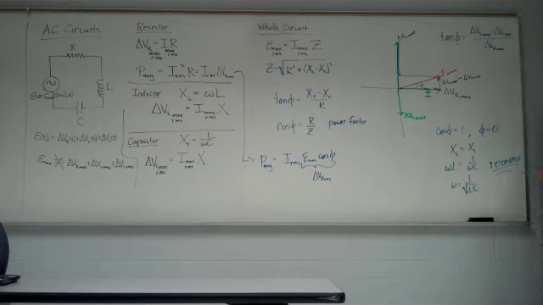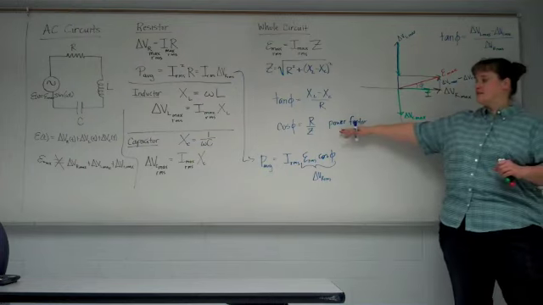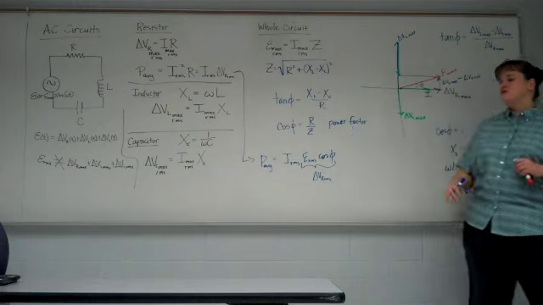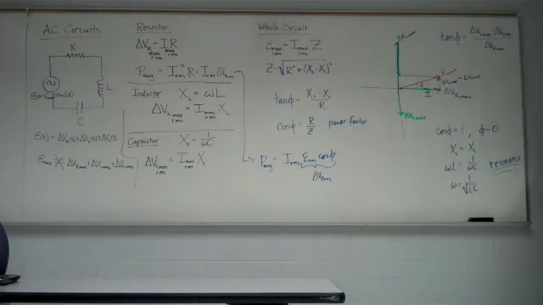If XL does equal XC, we're in a resonance situation, phi is 0, so this power factor is 1, so that means we're getting the maximum possible power for that particular circuit.